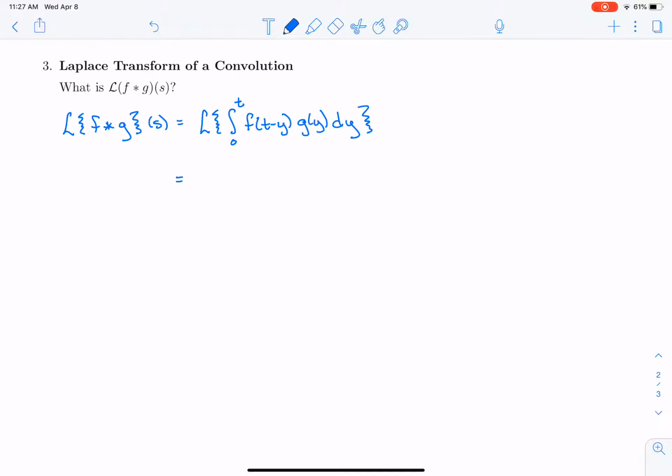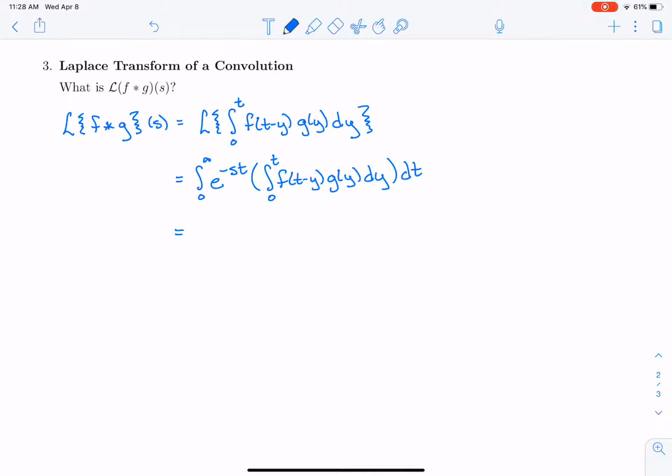Well, this is going to be the integral from 0 to infinity of e to the minus s times t, times the integral from 0 to t of f of t minus y g of y dy, dt.